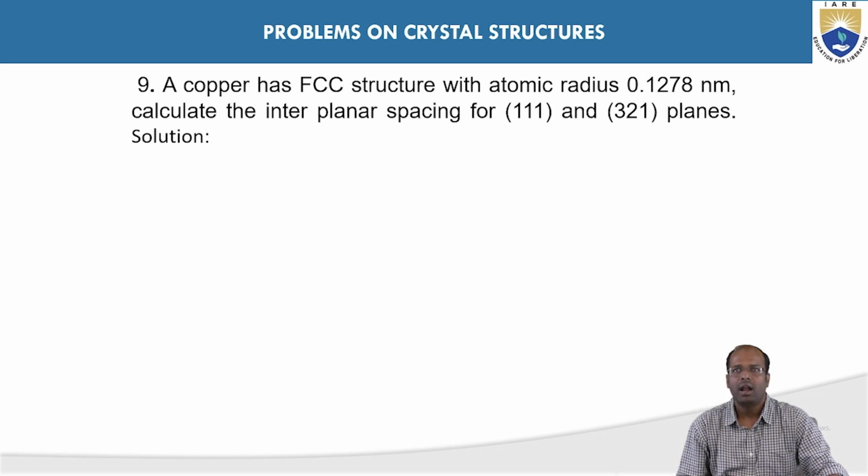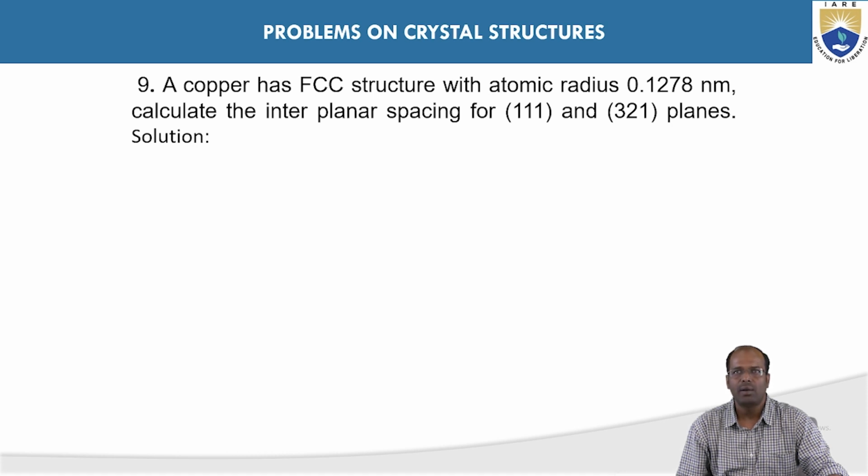Here the atomic radius R is equal to 0.1278 nanometers, and calculate the interplanar spacing for 111 plane and 321 planes. So what are the parameters given? One is face-centered cubic, number of atoms is 4.